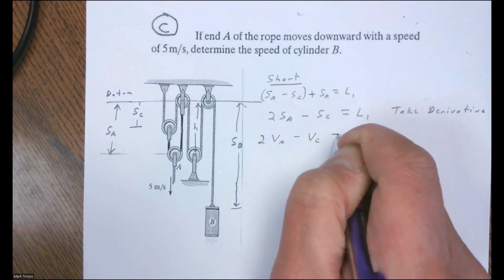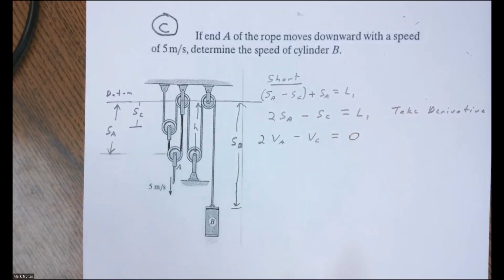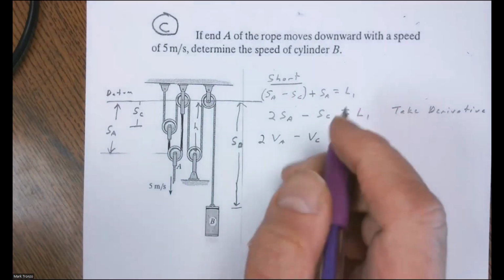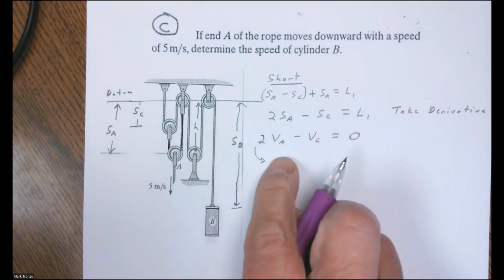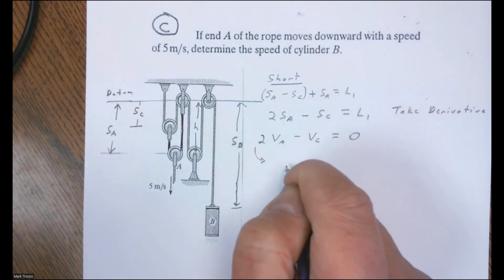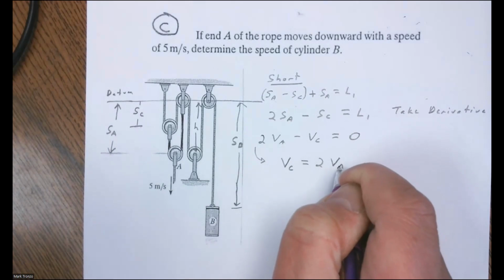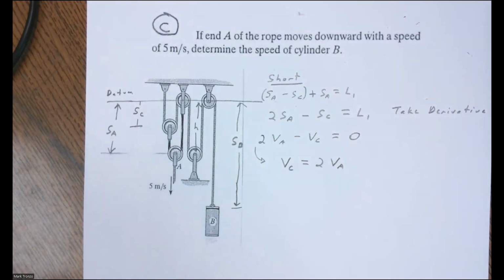And this is going to be 0 because remember our cable lengths are constant. Take a derivative of that, that's going to be 0. So now we actually have a relationship here. We can solve for VC. VC is equal to 2 VA. In other words, if we bring it over, it's negative, multiply through by the negatives, so we have this.